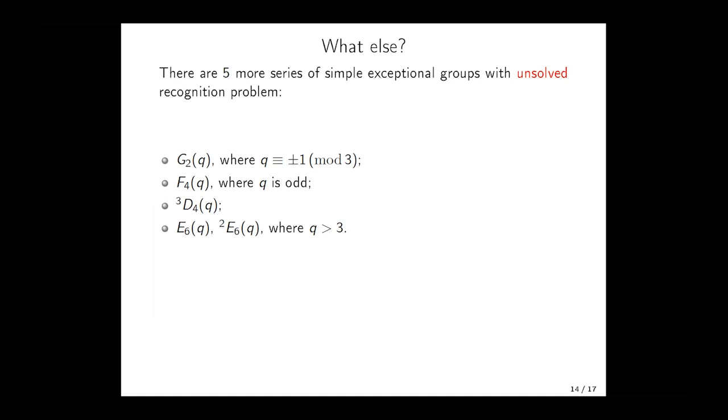Considering, for example, simple exceptional groups, there are 5 more series of simple exceptional groups with unsolved recognition problems. These are G2(Q), where Q is congruent to ±1 modulo 3, F4(Q), where Q is odd, 3D4(Q), and E6(Q) and 2E6(Q), where Q is greater than 3, because there are some partial results on these groups for small values of Q. And what should we do in these cases?